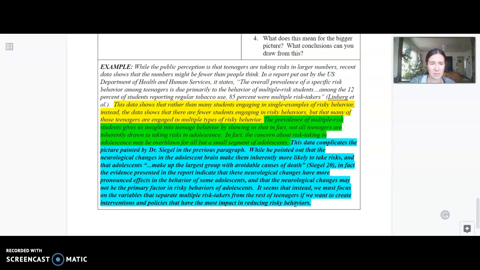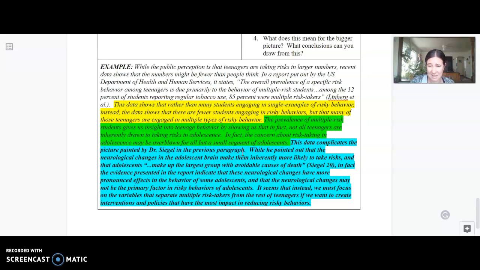While he pointed out that the neurological changes in the adolescent brain make them inherently more likely to take risks, and that adolescents make up the largest group with the avoidable causes of death, in fact, the evidence presented in the report indicates that these neurological changes have more pronounced effects on the behavior of some adolescents, and that the neurological changes may not be the primary factor in risky behaviors of adolescents.